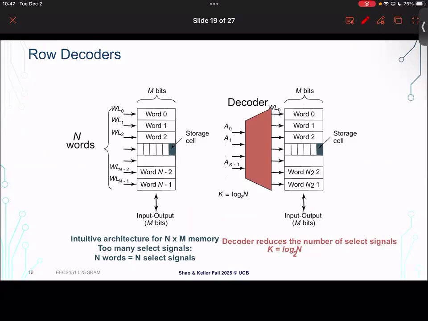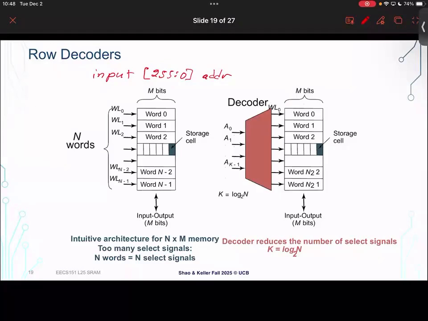One option for an n-entry SRAM would be to have n address bits. In your Verilog, you might write an input with n bits. So for a 256 entry SRAM, you just have 256 bits of address, and you turn on whichever bit you want.